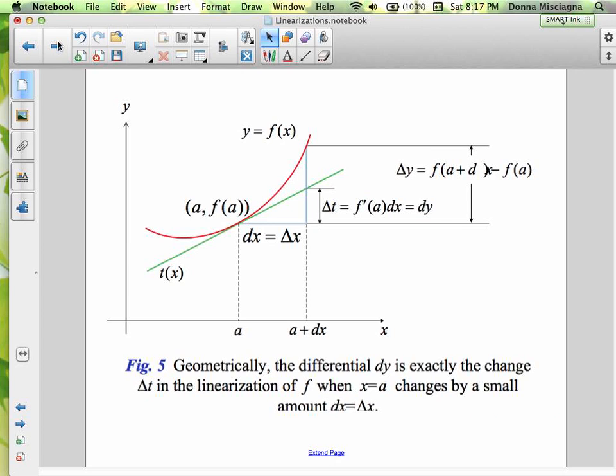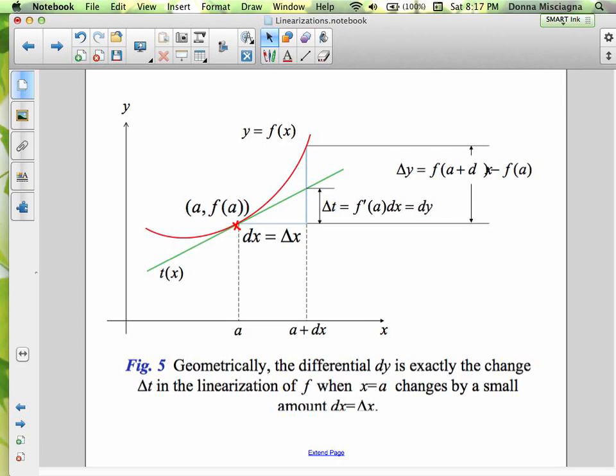All right, so here we have our function, y equals f of x, and we have some point, a, f of a. And so if we stay close to a, if that dx is pretty small, then the value of the tangent line is very close to the value of the function.